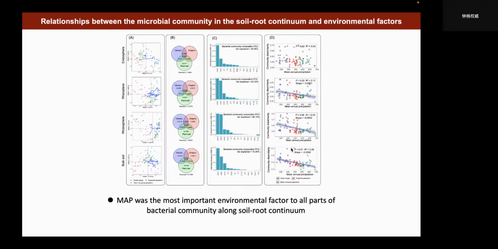We also investigated the relationship between the bacterial community along the soil root continuum and the environmental factors. Without surprise, the influence of environmental factors gradually declined from the soil and the rhizosphere to the endosphere, and mean annual precipitation was the most important environmental factor for all parts of the bacterial community along the soil root continuum.